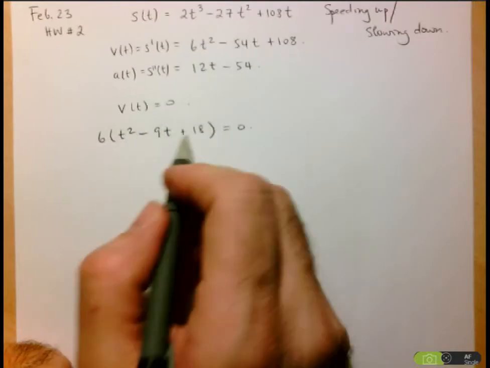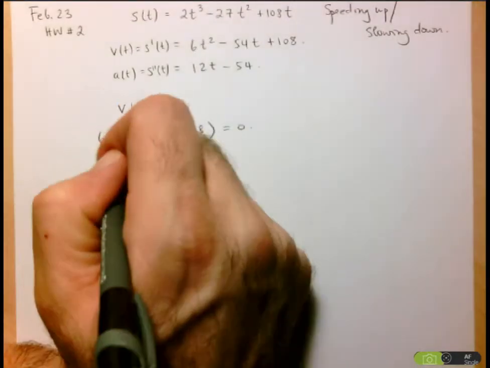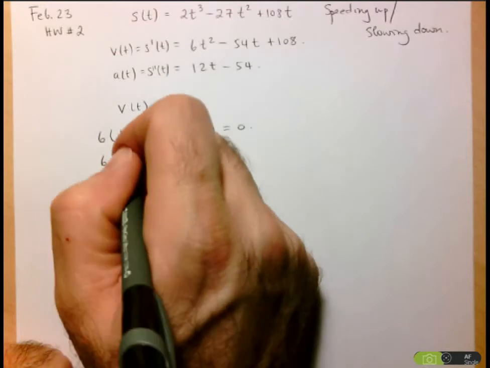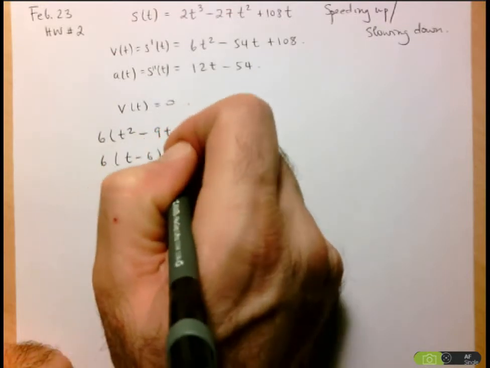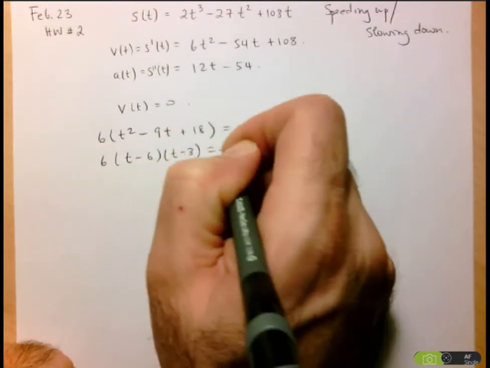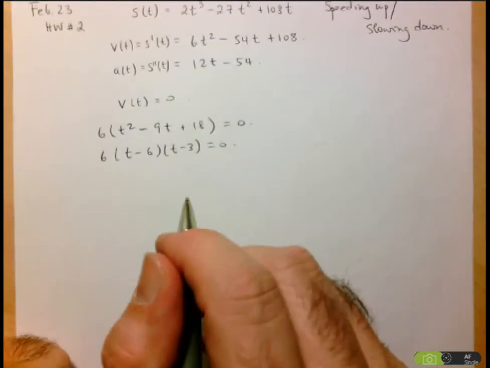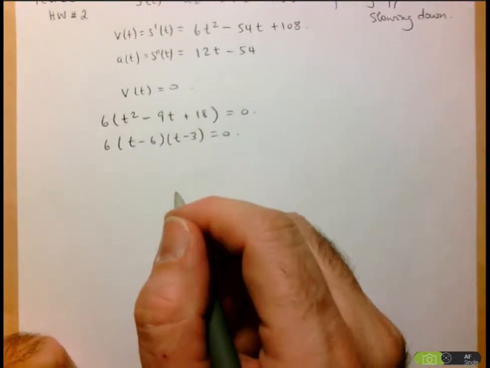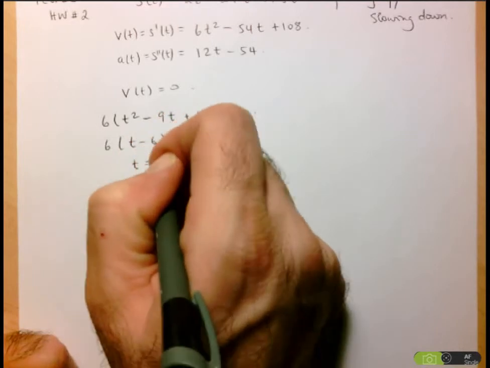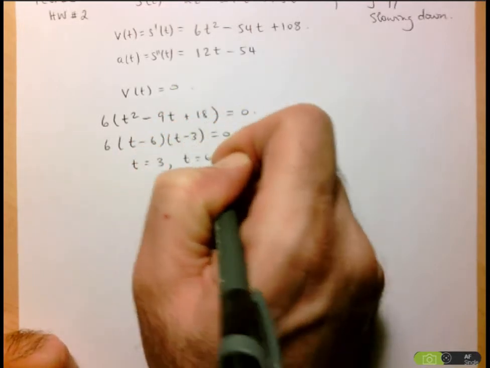And luckily this factors: t minus 6 and t minus 3. If it didn't, it's a quadratic, no problem, you just use the quadratic formula. So the zeros occur at t equals 3 and t equals 6.